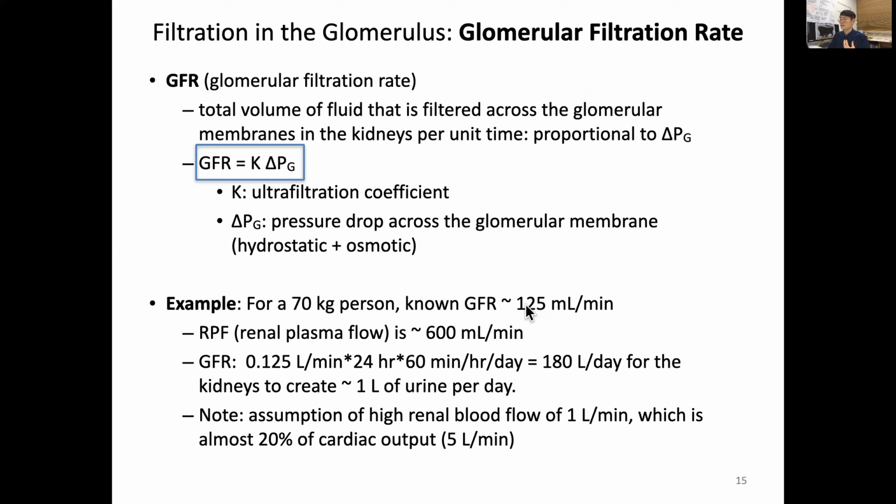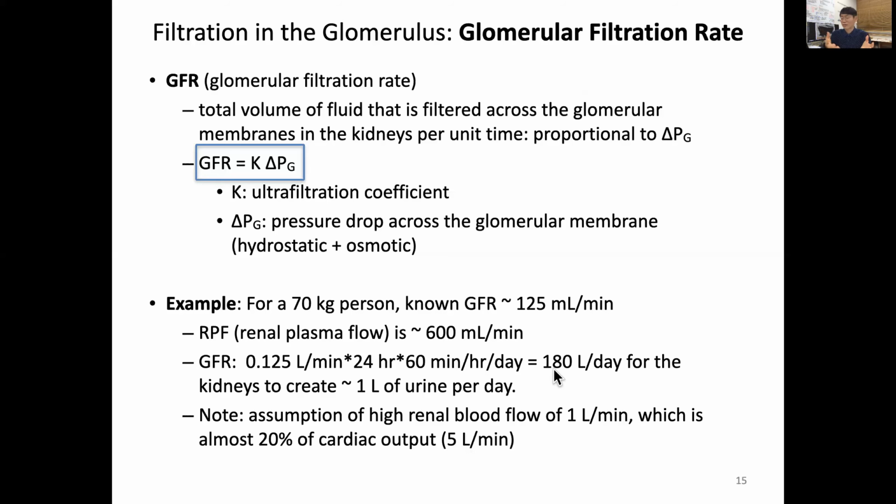And what does this glomerular filtration rate tell us? We are curious how much filtration happens per day through our kidney, especially the glomerulus. So 0.125 liter per minute multiplied by 60 minutes per hour and 24 hours per day means that every day 180 liters, which is a huge amount, almost 200 liters of water, is passing through the glomerulus.